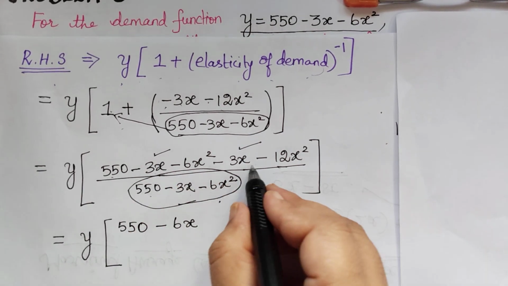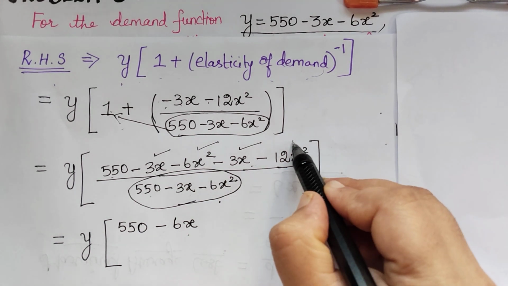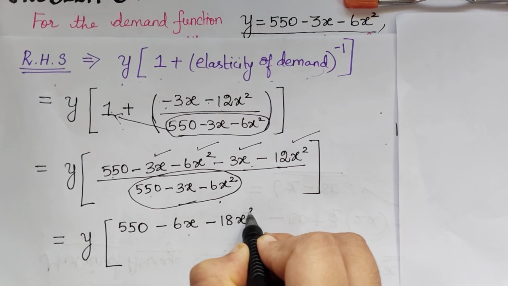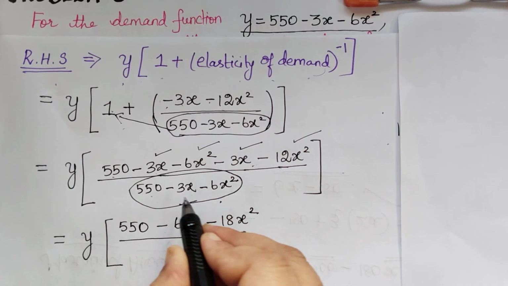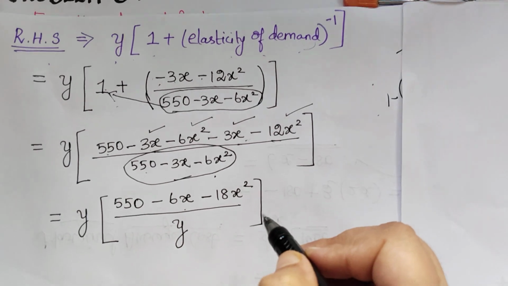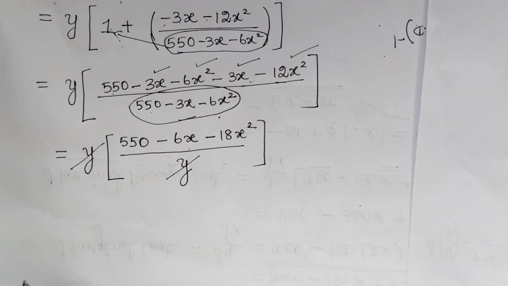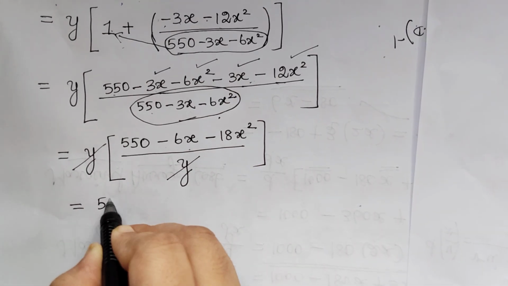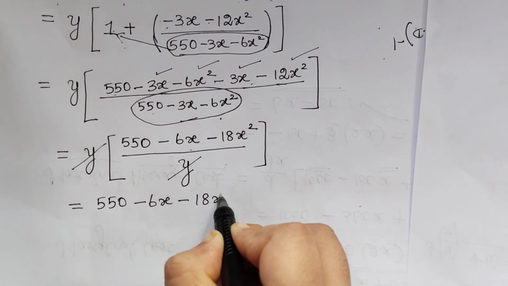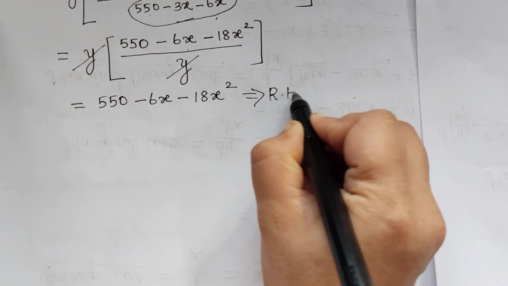We have to add both, and then minus 6x square minus 12x square, which becomes minus 18x square, and then divided by y, which is given in the question. So now further, when we simplify this, y and y get cancelled, and we get 550 minus 6x minus 18x square. So this is the right hand side that we have obtained.